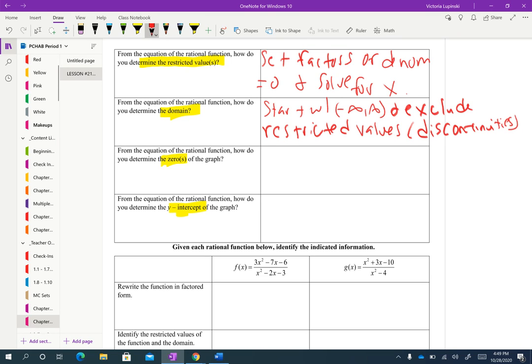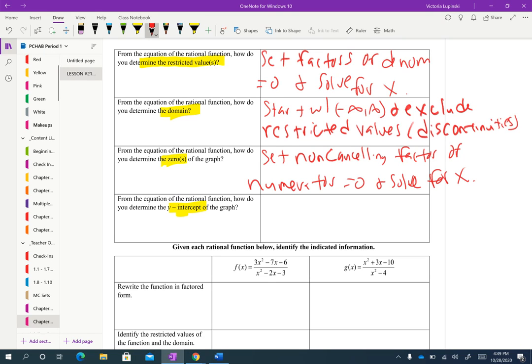How do you find the zeros? You're going to set a non-canceling factor of the numerator equal to 0 and solve for x. And then how do you find the y-intercept?